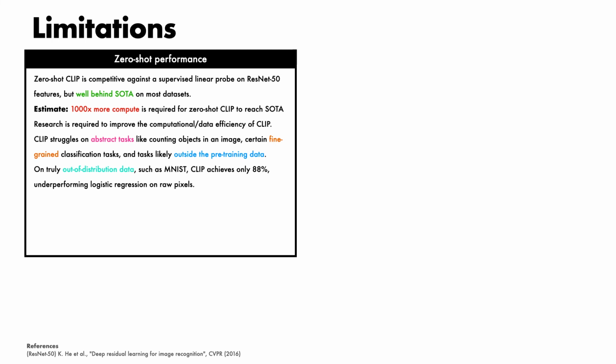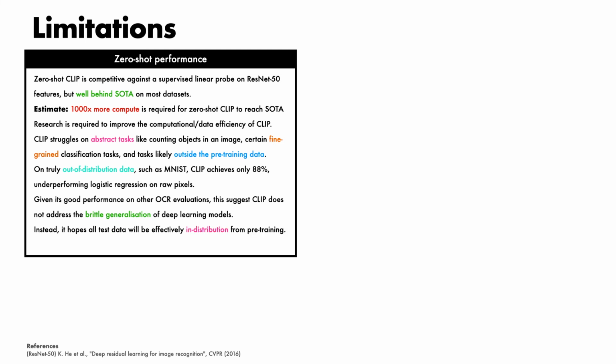In light of its good performance on other OCR evaluations, this strongly suggests that CLIP does not address the brittle generalization associated with deep learning, and instead, it rather hopes that all test data is effectively in distribution by virtue of its vast and diverse pre-training dataset. However, as the MNIST results demonstrate, this assumption is easily violated in practice.